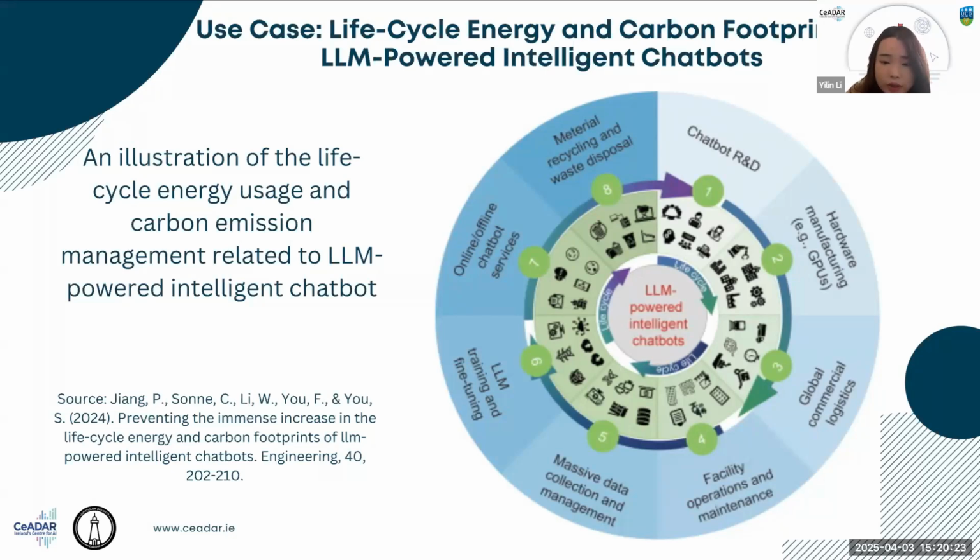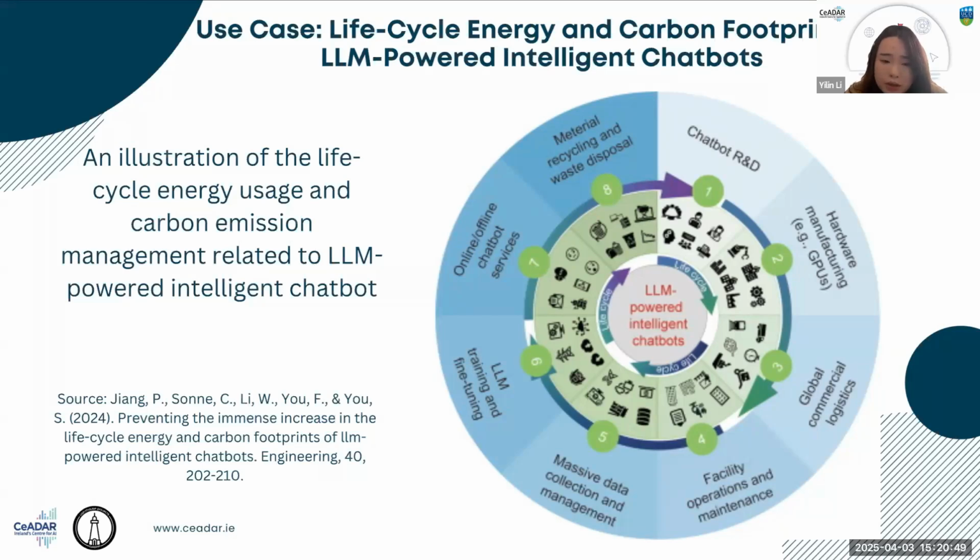Operating and maintaining this facility also takes energy. Then we have massive data collection and storage, often in big, energy-intensive data centers. And after that, we reach model training and fine-tuning, which we know is energy heavy.